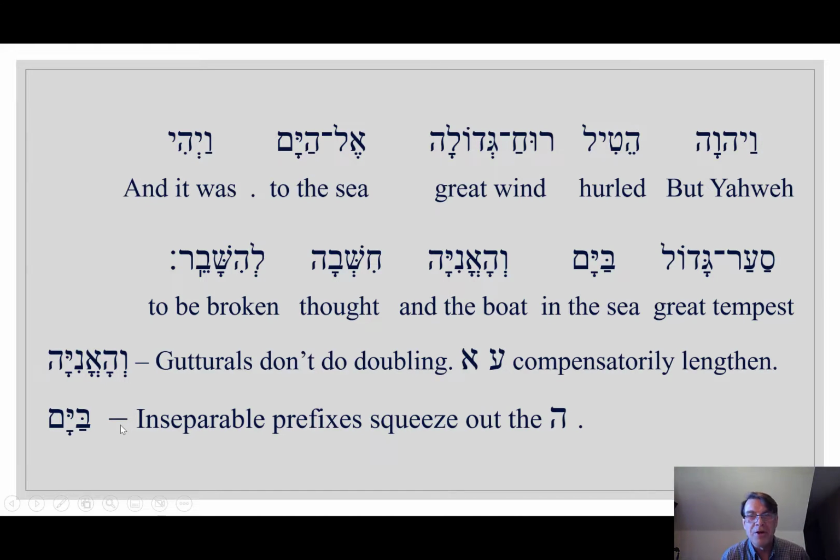It pops out when you put a preposition. It's like a train, right? You've got preposition, hey, word, and when you put the b on the hey word, the hey pops out and goes away. So the hey has been squeezed out, and the only thing that lets you know that there's a "the" here is the patak doubling. We've got in, patak doubling, and a yam.